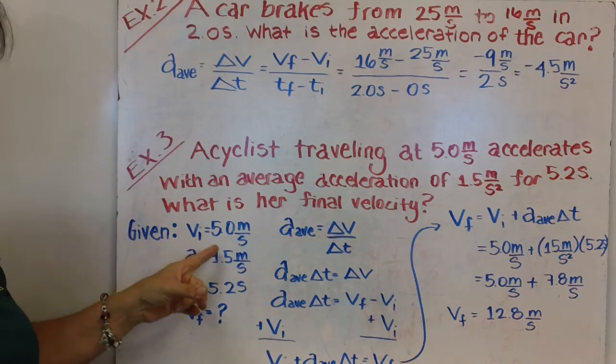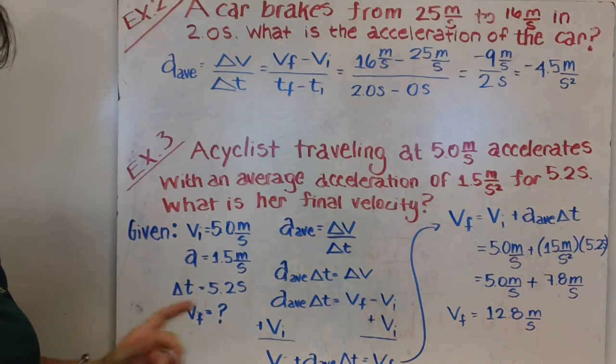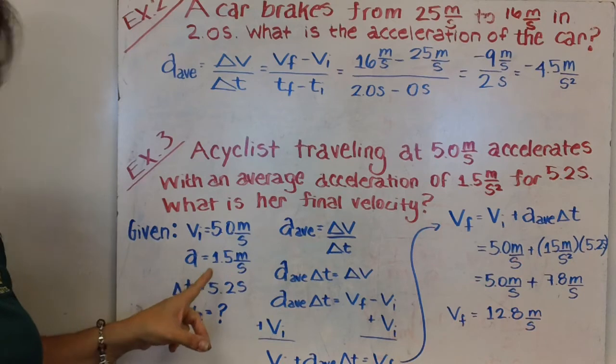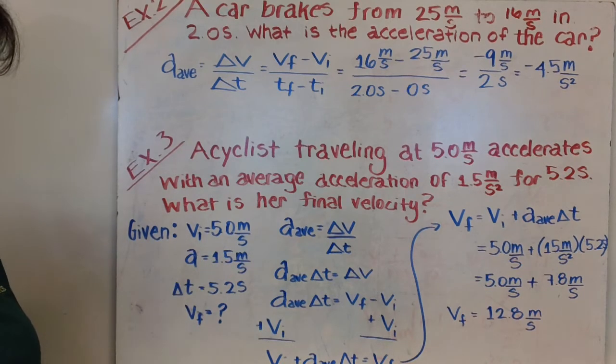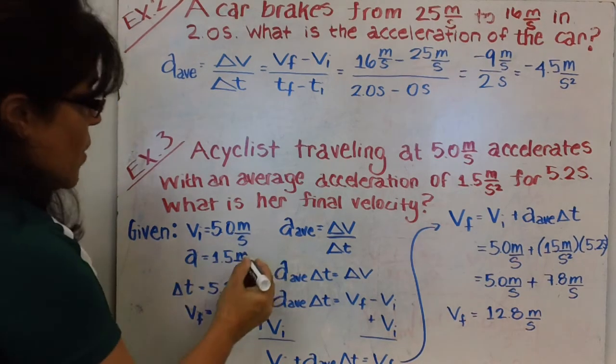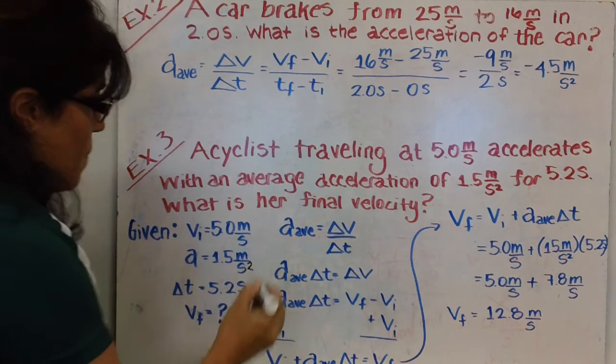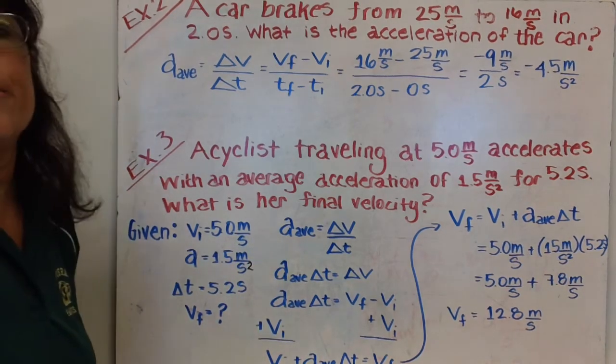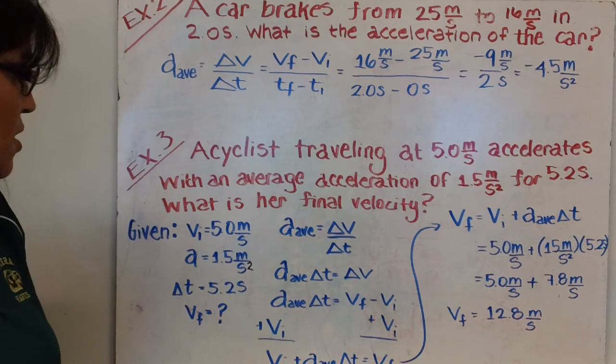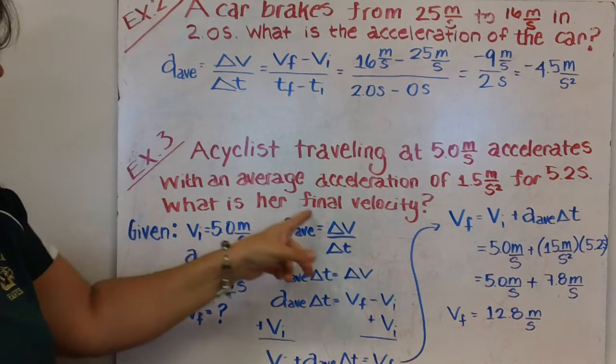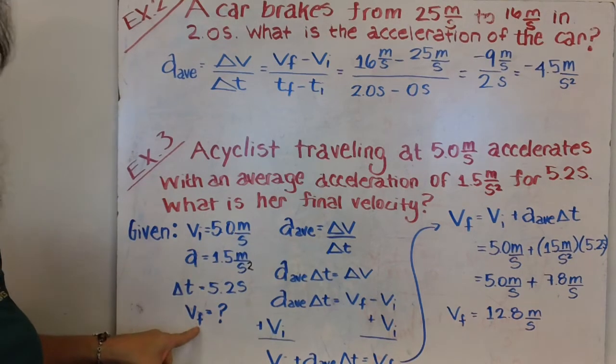We are given the initial velocity of 5 meters per second. We're also given the acceleration of a positive 1.5 meters per second, oh, this is meters per second squared. We also know that the change in time for this change in velocity is 5.2 seconds. And what we're looking for is the final velocity, which is VF.